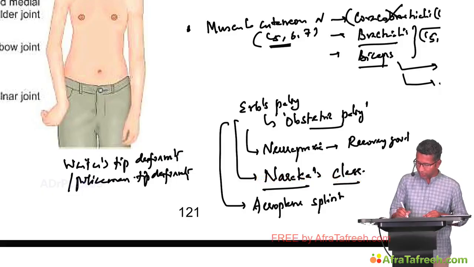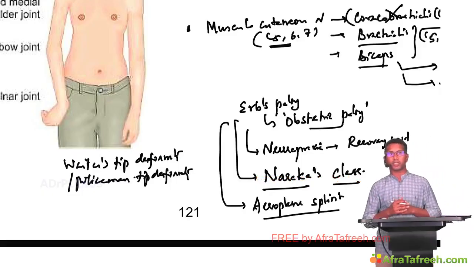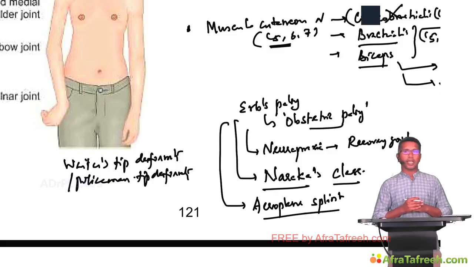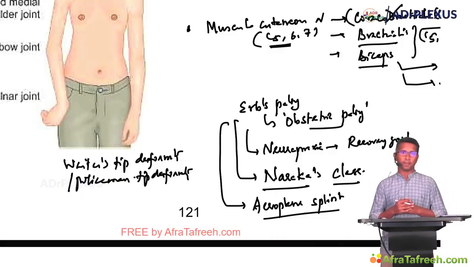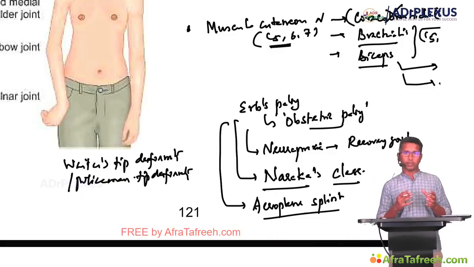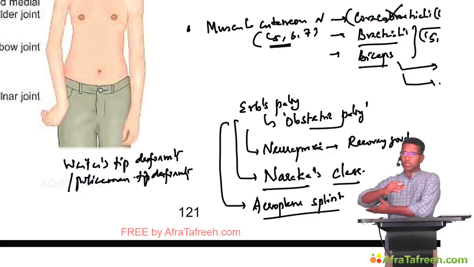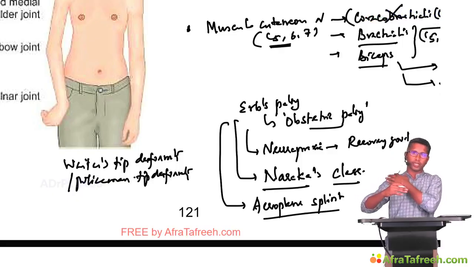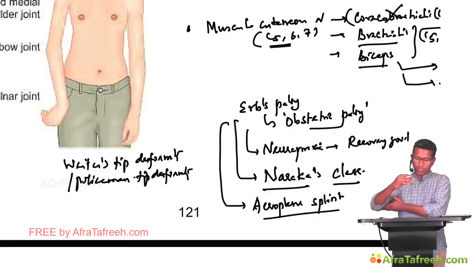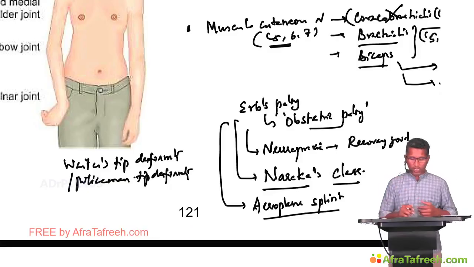If somebody asks where the aeroplane splint is used, it is used in the treatment of Erb's palsy. You keep the shoulder in abduction, you relieve the tension over the nerve roots. That is called aeroplane splint, guys.